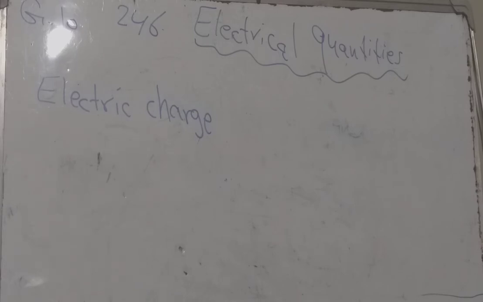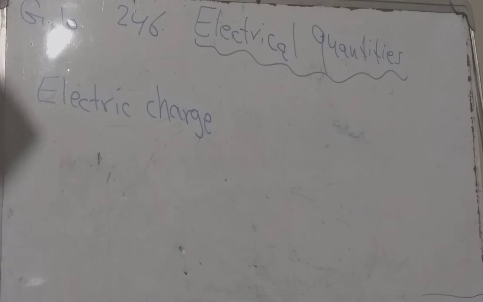So we will move to some materials known as conductors and some materials known as insulators. The movement of electric charge happens through some kind of material.